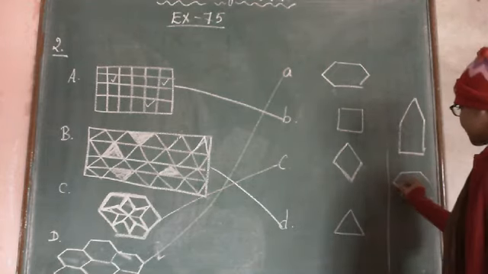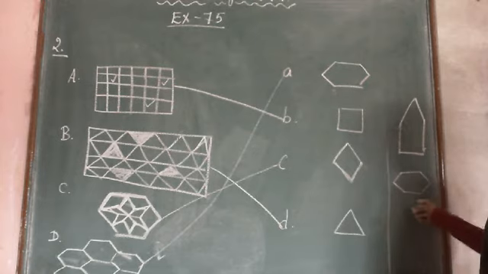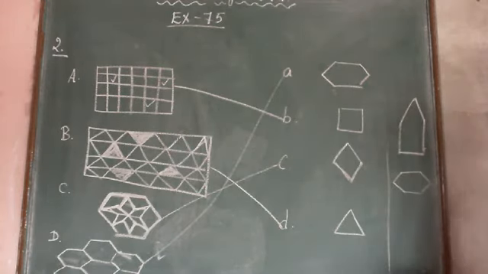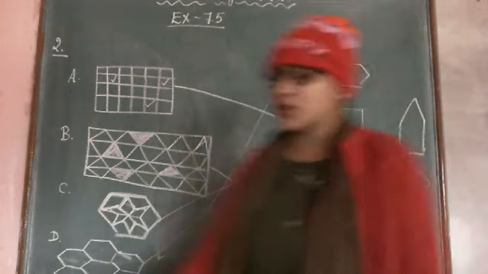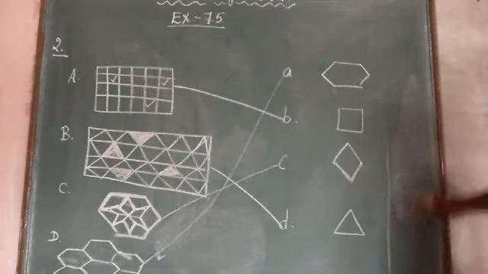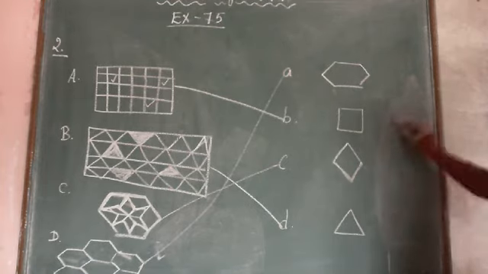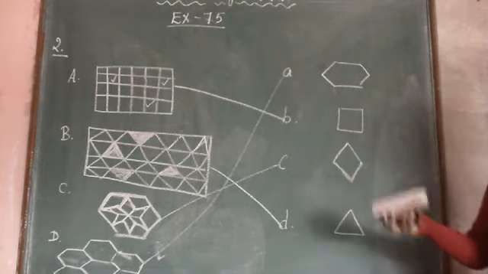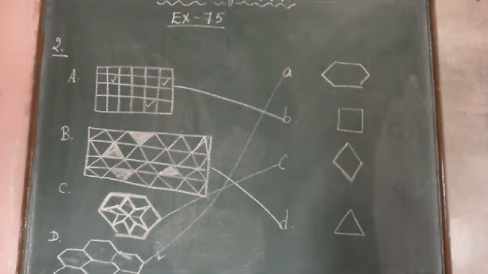Now the shape, it is having 6 sides, we will call it as hexagon. So when you will go in higher classes, you will be able to know all these hexagon, pentagon and all other shapes with more than 4, 5 and 6 sides. So I think this much information is sufficient for you all. So do it fast.